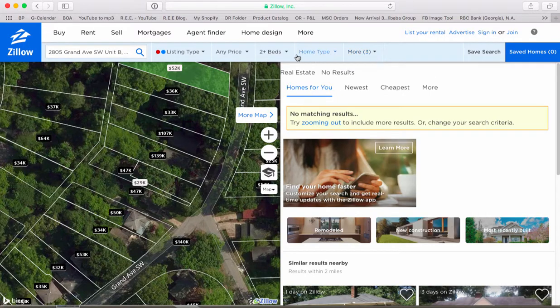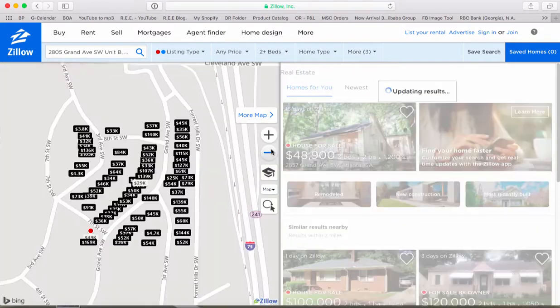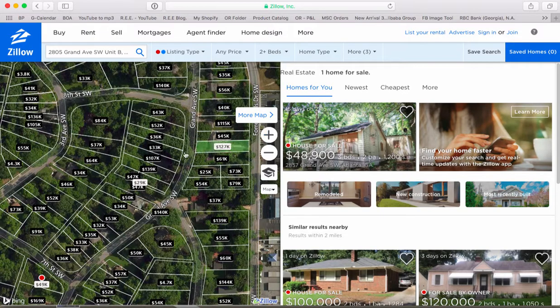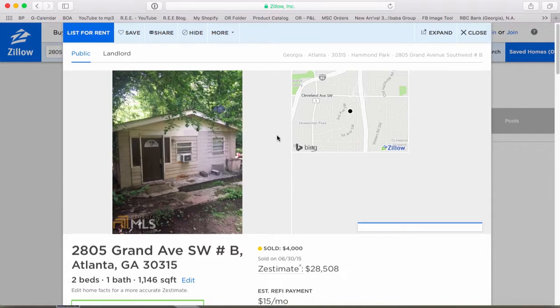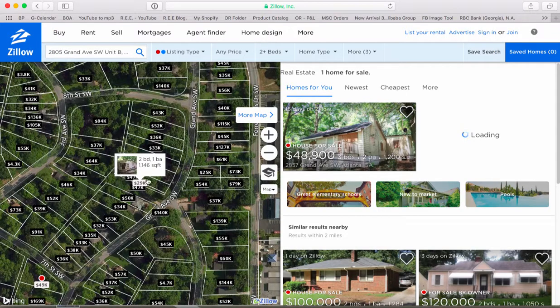Okay, it already saved my previous search, but you want to make sure that you zoom out. And what I'm trying to do is look for this property. So let's see if it pops up, because it should be in green. That's what I was having trouble with earlier. There it is. So it's right here.